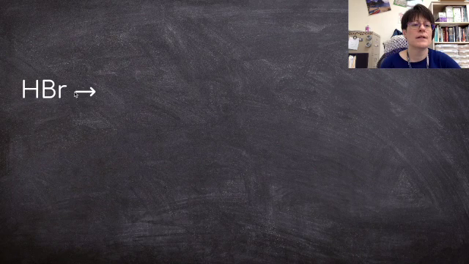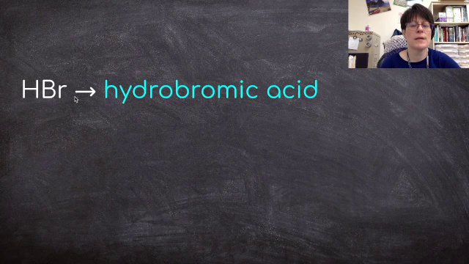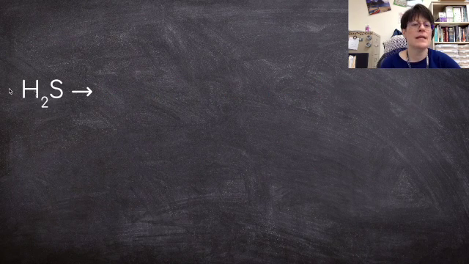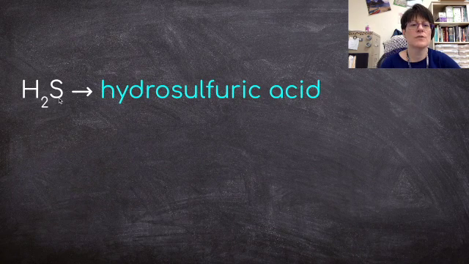HBr, again, H, hydro, bromine, we change it to an ic ending, so it becomes hydrobromic acid. And then H2S, again, hydro, and then sulfur, so that becomes sulfuric. So this is hydrosulfuric acid.